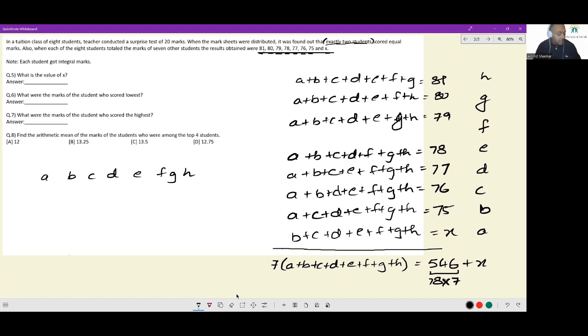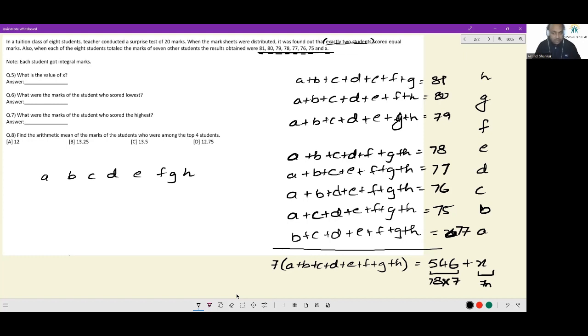One of the components of RHS is already a multiple of 7. So can I claim with absolute confidence that X also has to be a multiple of 7? Now, we knew that X has to be one of the values present within these 6. Which of these is a multiple of 7? Only 77. So X is nothing but 77.